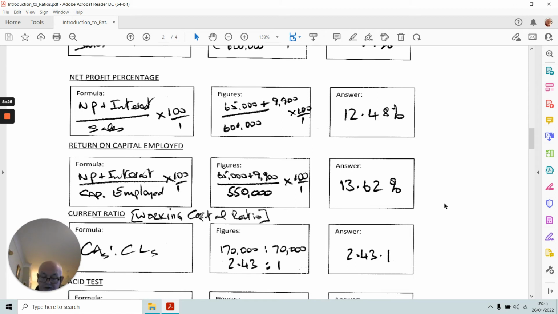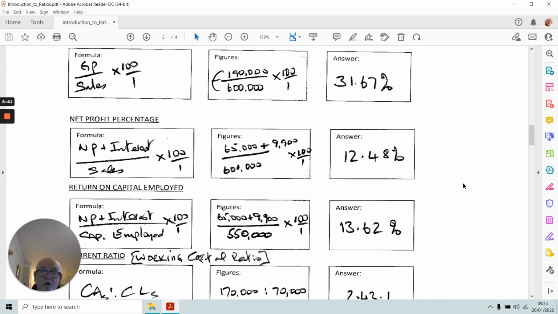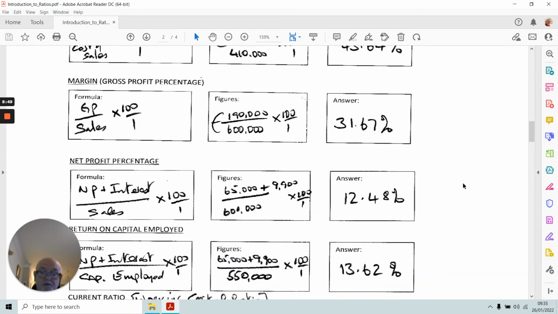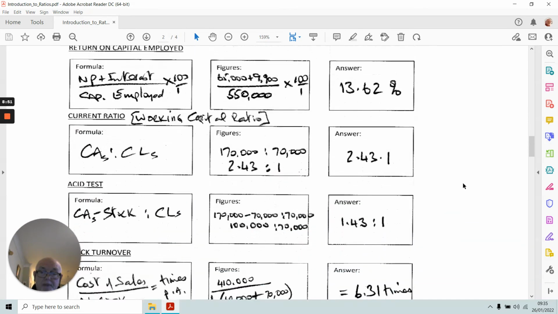Compare it with last year's figure to see what trend, is it improving or a worsening trend, and compare it with the return on risk-free investment to see if the firm is profitable. So we've got 4 profitability ratios: markup, margin or gross profit percentage, net profit percentage, and return on capital employed.